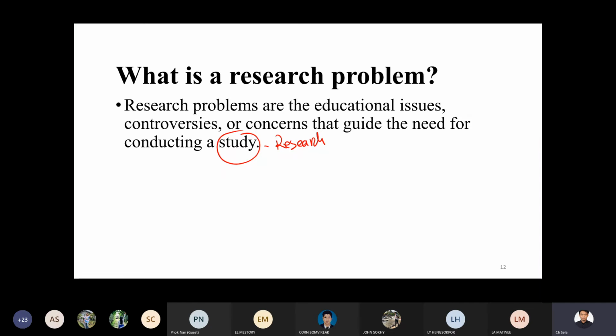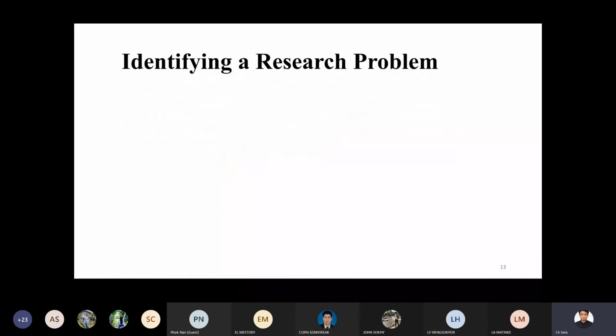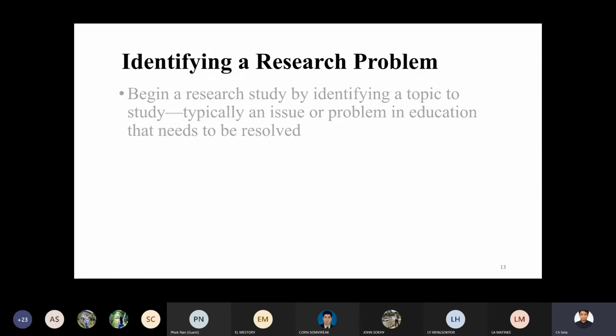You want to solve the problem. You want to make the current situation better than now. Then you have to find some better technique, some better solution for that. Only that. So that is a problem statement. And identify a problem statement.